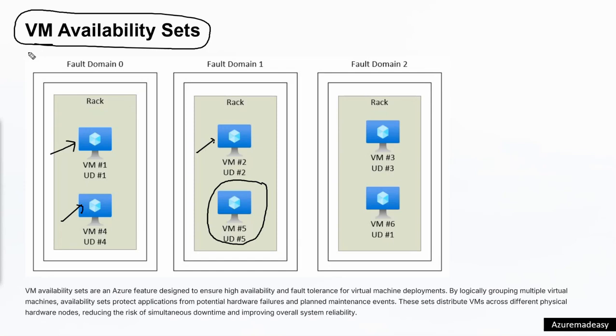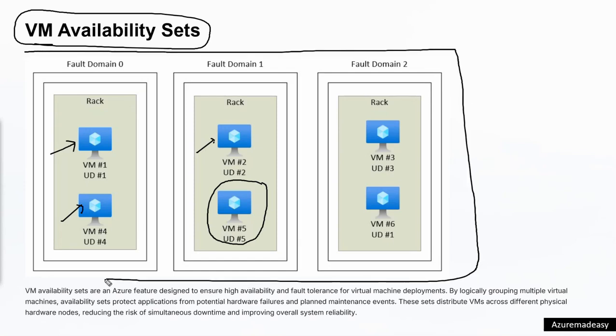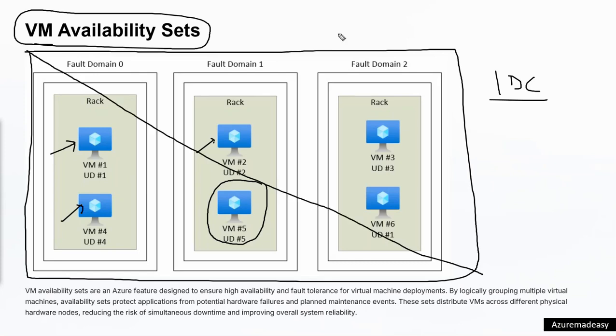But remember one thing, this is used for a single data center. If tomorrow anything goes wrong with your data center, none of them will work. So in that case, what will work? Availability zones. Are you getting my point? Understood?